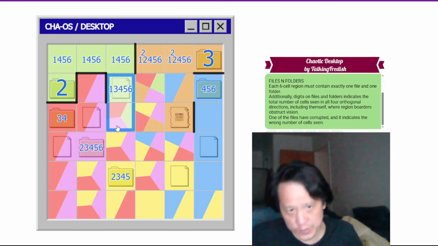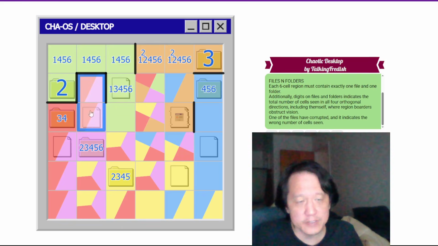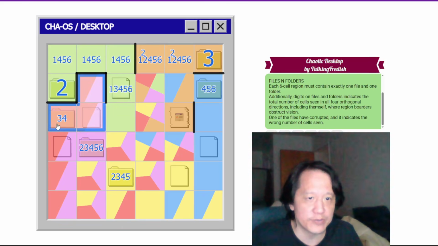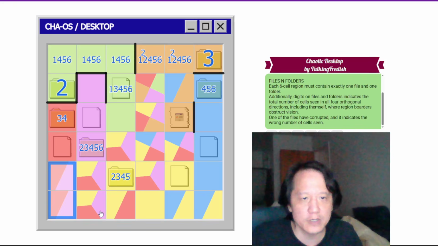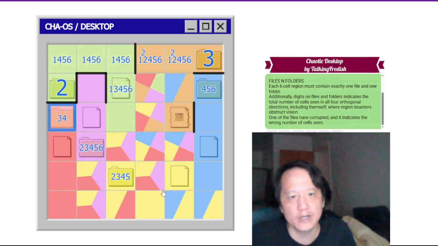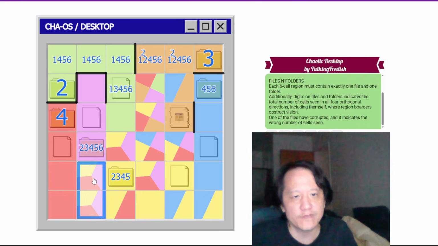If we go this way, that means this can't be red, because that would be a 3-cell region for the red. So this is pink. No pink here. No pink here for the red. This is 4. Could be 4 there.